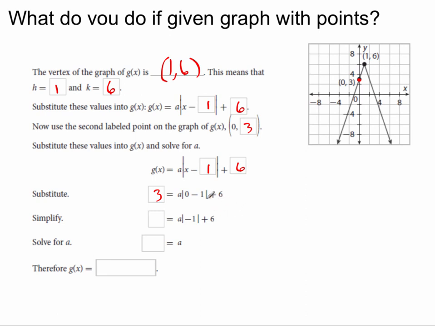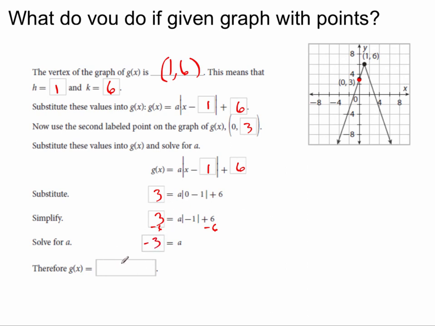So I need to simplify this. 3 comes down. There's nothing I can do with that. I combine the 0 and -1, and I get -1. So the absolute value of -1 is just 1. I'm going to subtract 6 from both sides. So when I subtract 6 from both sides, I get -3.